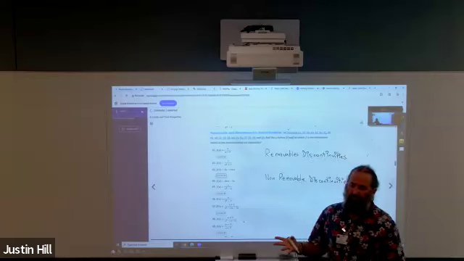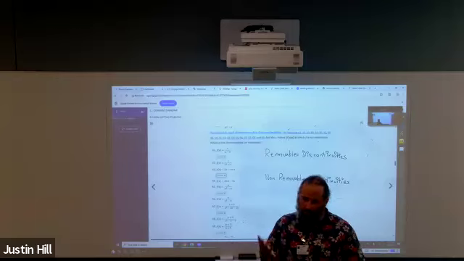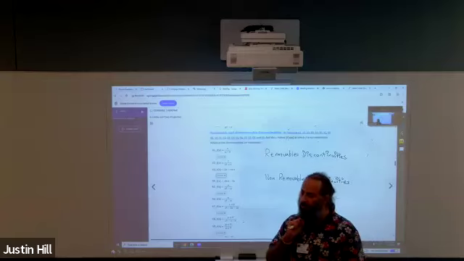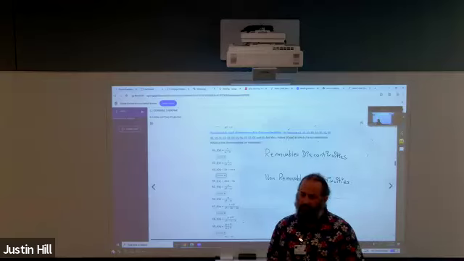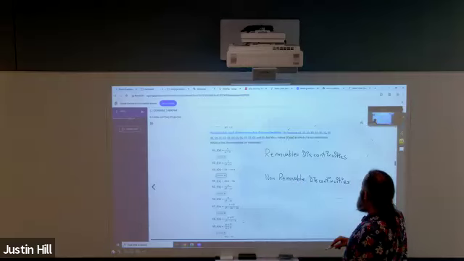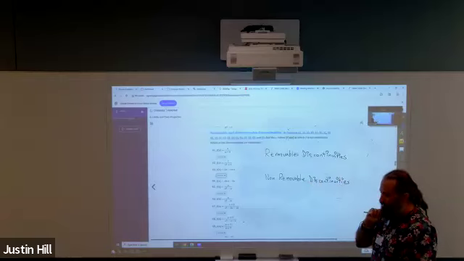I hate worrying about all the vowels, because every time I write that I wonder, is there really this many O's and I's in this word? It seems like crazy unnecessary redundancy. So, removable discontinuities and non-removable discontinuities.